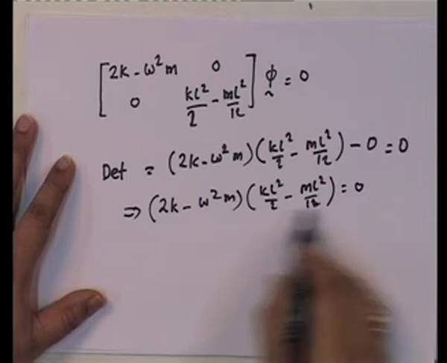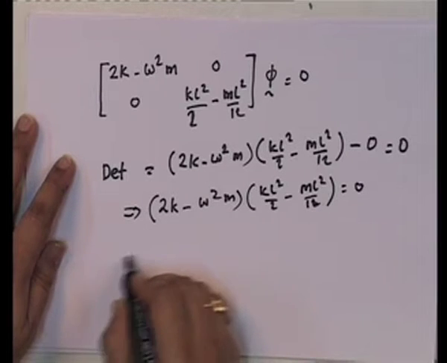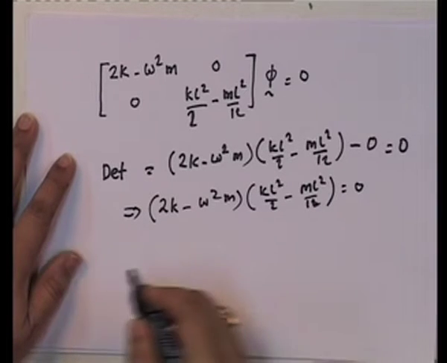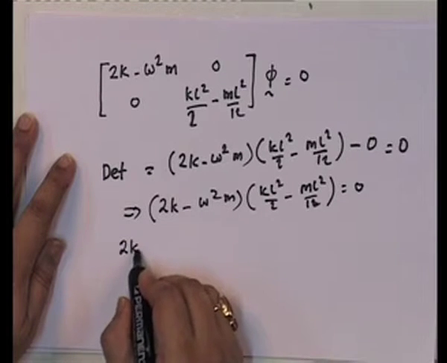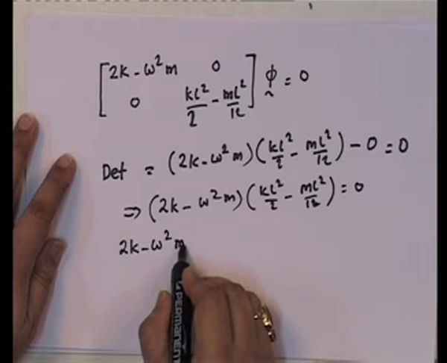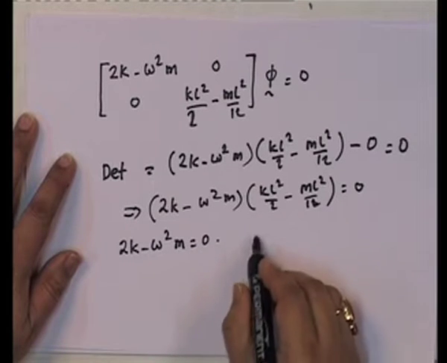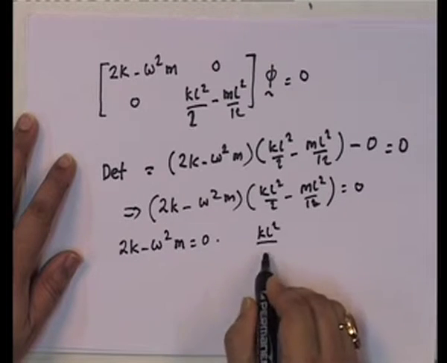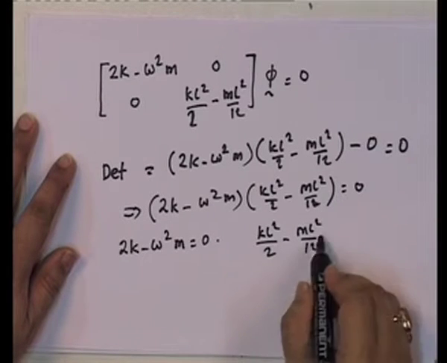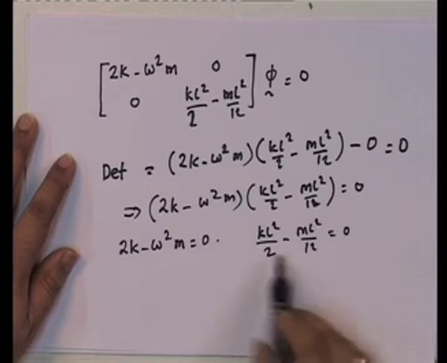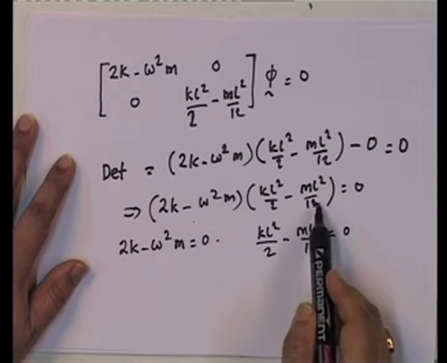It means that I have two values. So, let me just write it down first. Okay. This one gives me 2k minus omega squared m is equal to 0, and this gives me k L squared by 2 and omega squared m L squared by 12 is equal. So, there are two possibilities. This could be 0 or this could be 0.